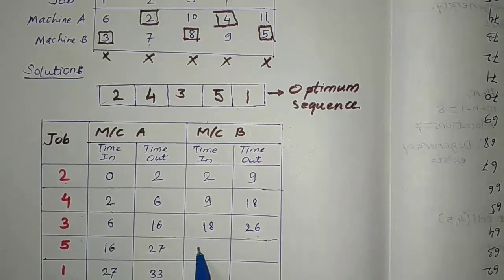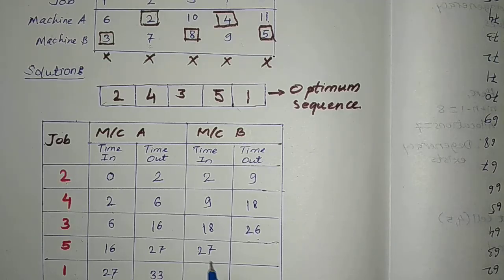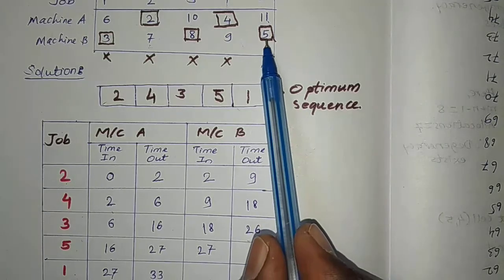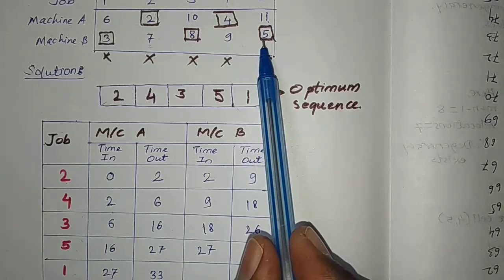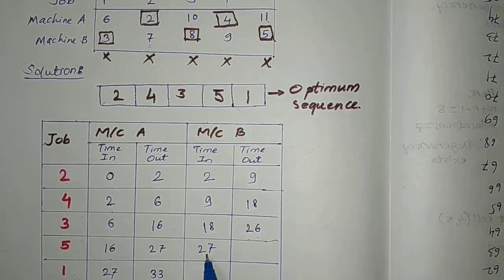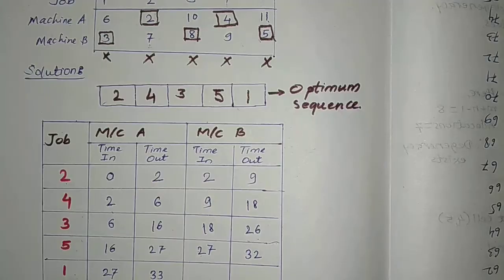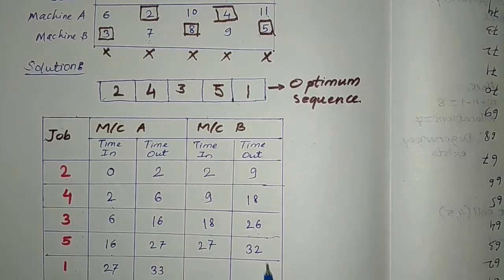So the start time here is 27 hours for job number 5 on machine B. Now on machine B it has a processing time of 5 hours for job number 5. So therefore 27 plus 5, 32 hours is the out time for job number 5.